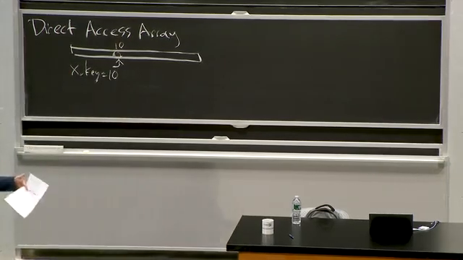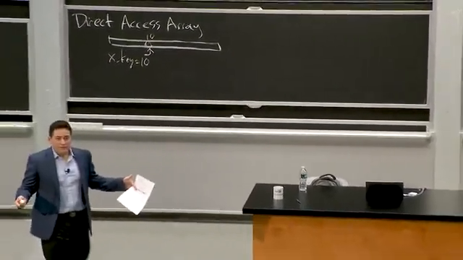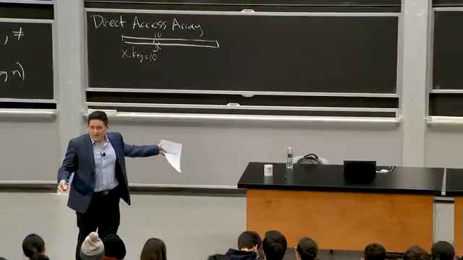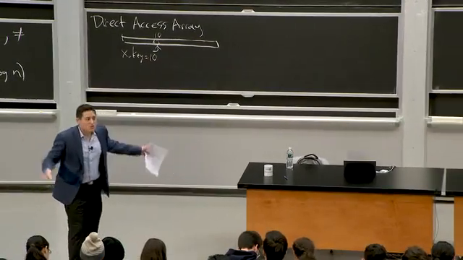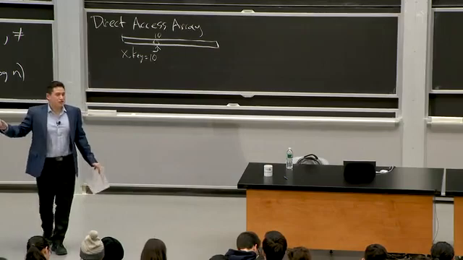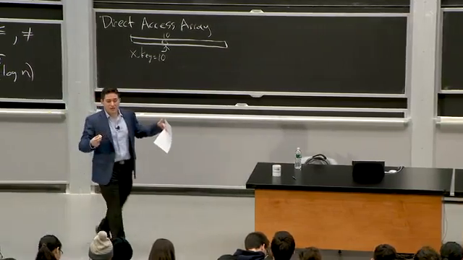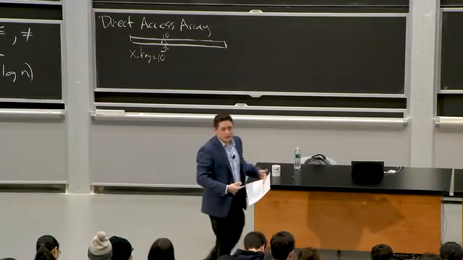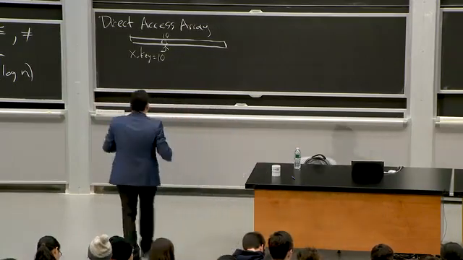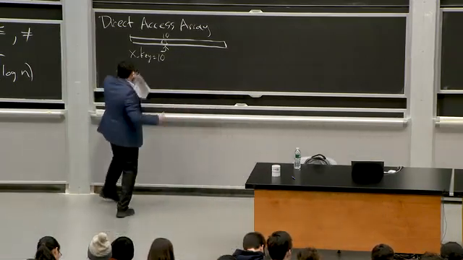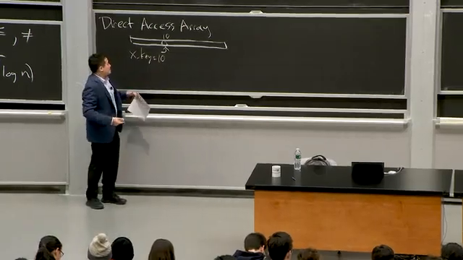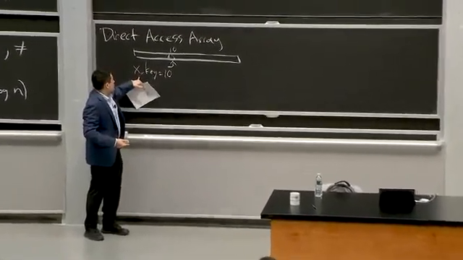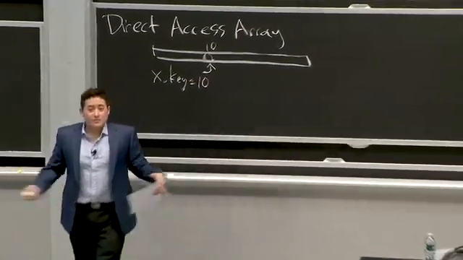Now, I can only store one item with the key 10, and that's one of the stipulations we had on our set data structures, right? If we tried to insert something with the same key as something already stored there, we're going to replace the item, right? That's what the semantics of our set interface was. But that's OK. That's satisfying the conditions of our set interface. So if we store it there, that's fantastic.